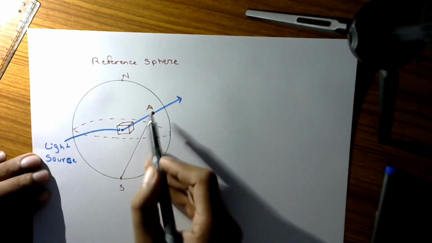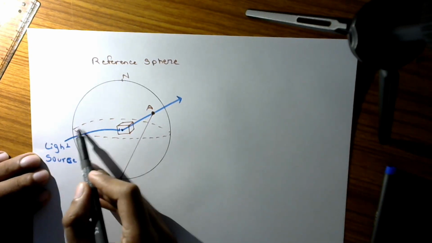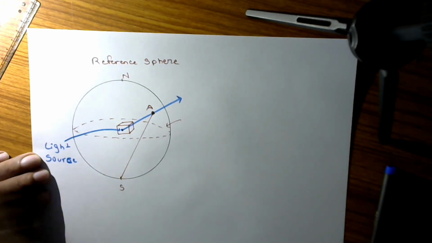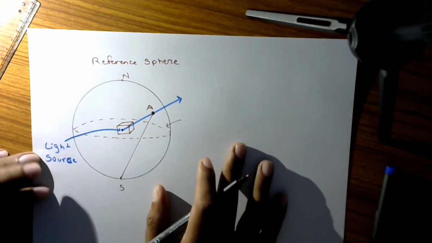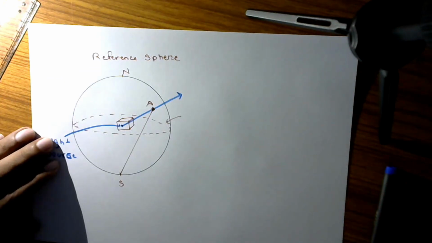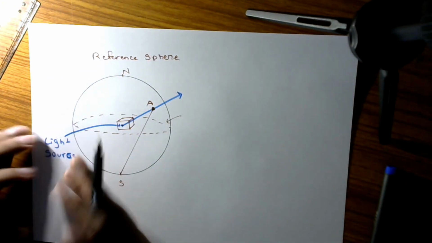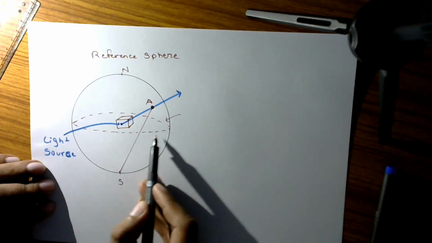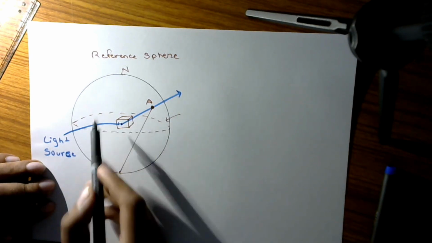Wherever this line is going to intersect our primitive circle, I forgot to tell the name of this horizontal circle. If I take a sphere and cut it just in between, into two equal parts, then this horizontal circle is known as the primitive circle.